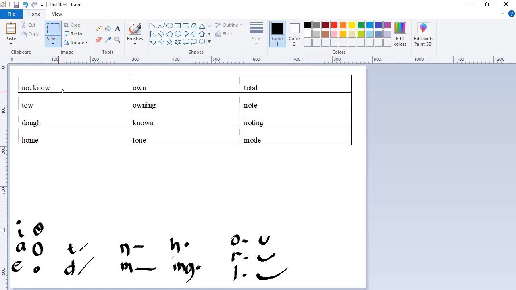We have N, and then we have O. No. Now, next, toe. Now, what do we have in toe? It's T and O. So, where is our T? It's a slanting line. And where is our O? It's an upward hook. So, when we put it together, it should look like this.